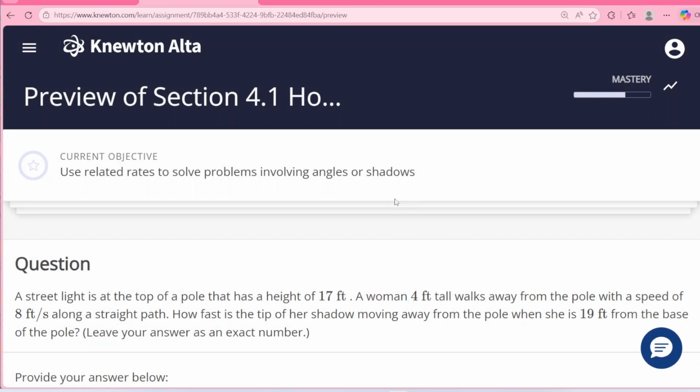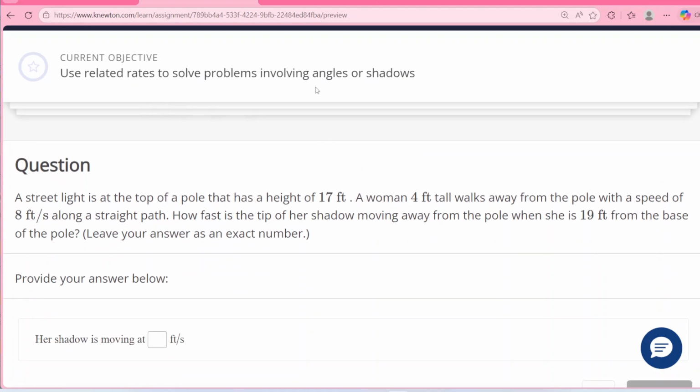All right. So this one involves angles or shadows. So like a street light is at the top of a pole that has a height of 17 feet. A woman 4 feet tall walks away from the pole with a speed of 8 feet per second, right?